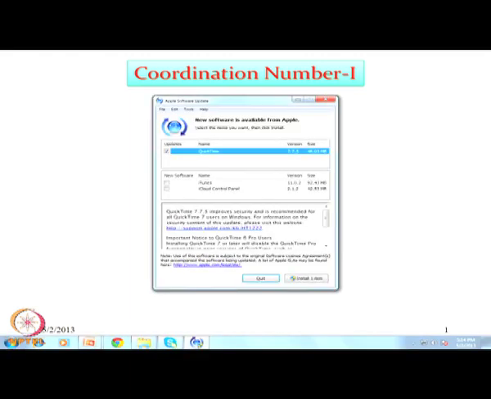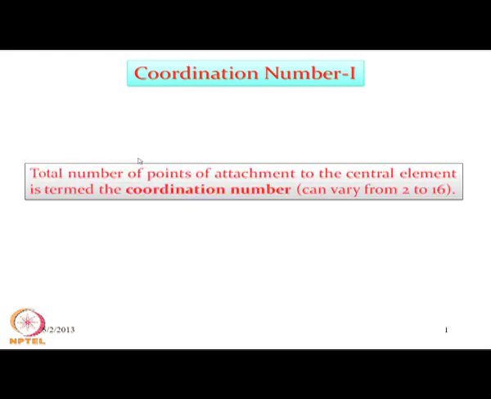So, if we just proceed in this manner for this first class, which is devoted to coordination number part 1, the way we can define this system is that the total number of points attached to the central element, what we are just now discussing, the total number of fluorine atoms attached to the boron center, we can call the coordination number.